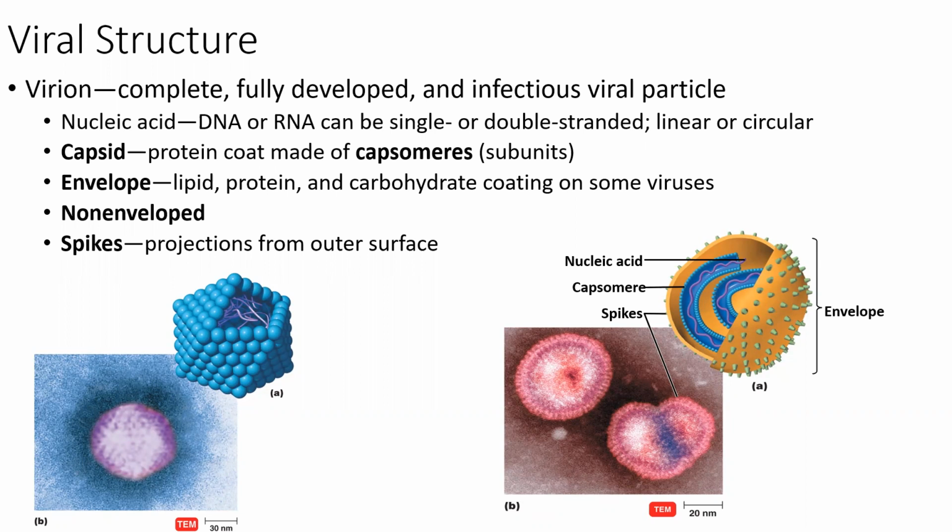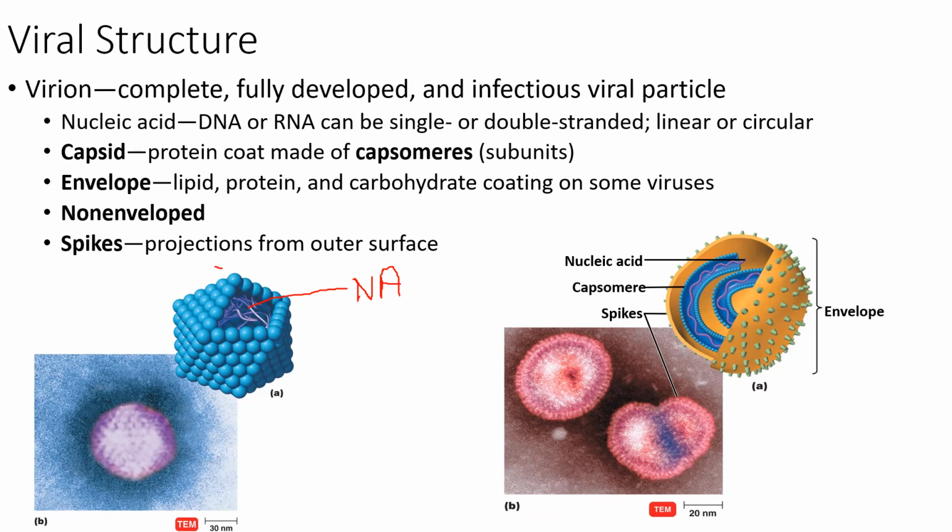The capsid is made up of individual capsomeres, okay? And so when you're looking at the picture on the left, for instance, you can see the purple in there is going to be the nucleic acid, and I'm just going to abbreviate that NA, nucleic acid. And there's a lot of variability with the type of nucleic acid a virus can have as its genetic material.